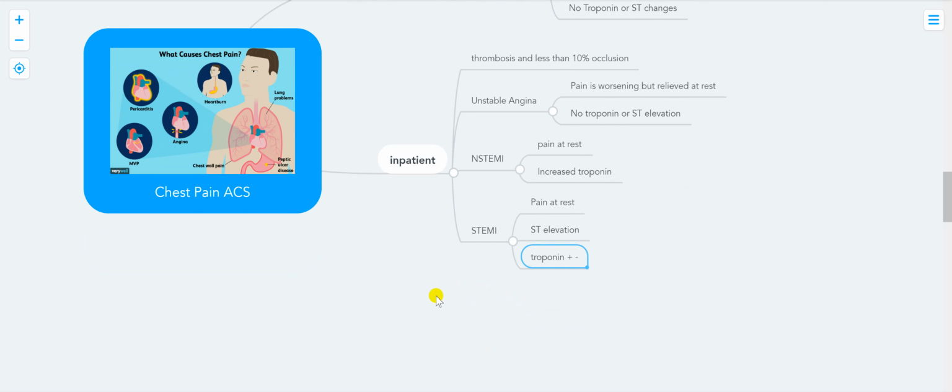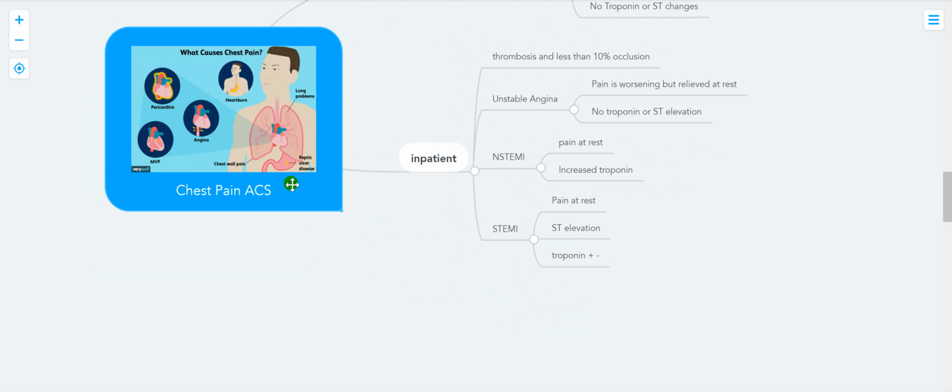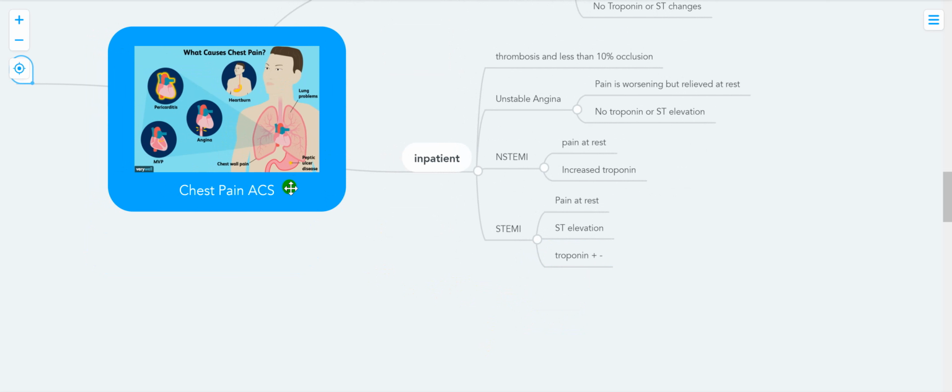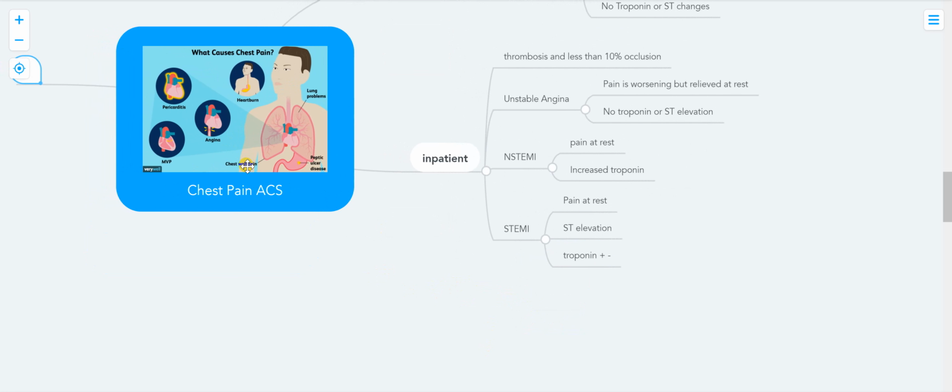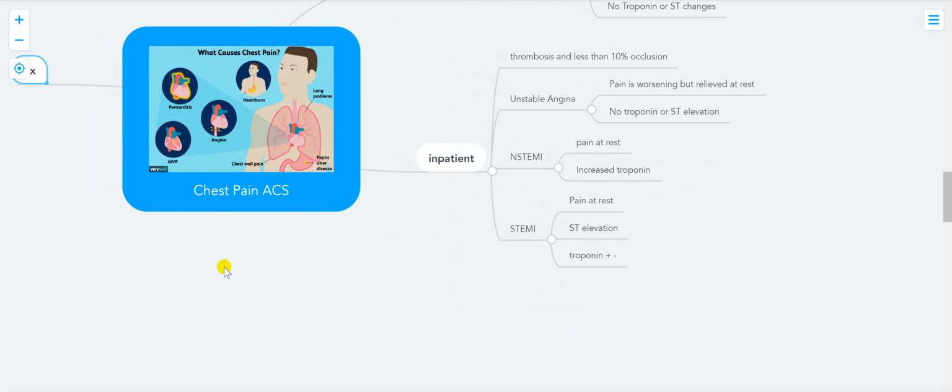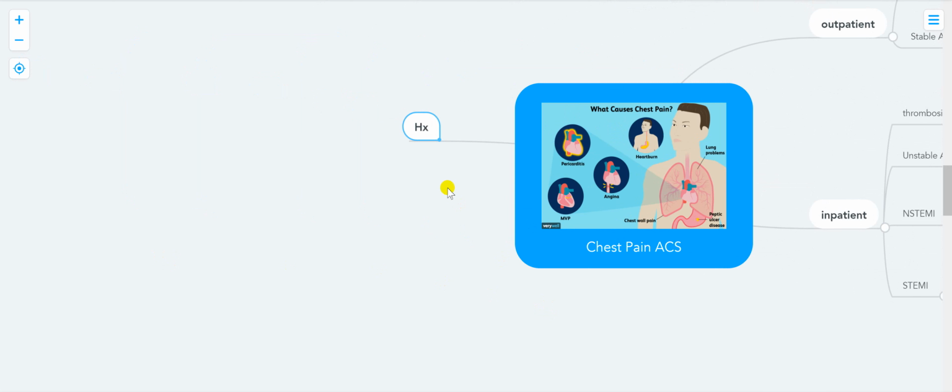So what are the things that we look for in the history? There are certain things we've got to look for to diagnose myocardial ischemia. What do we find in the history usually?